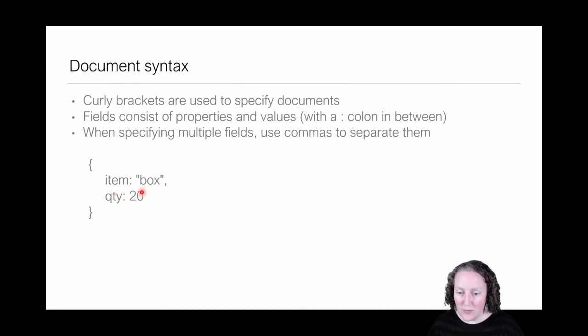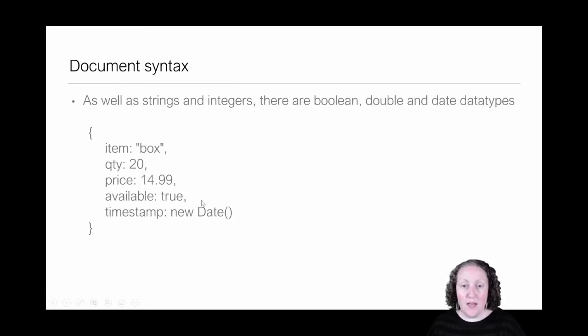This is the name of the property, item, and this one's named quantity, and then the values are box, which is a string in this case, and then the number 20 for this one. And these property value pairs are separated with a comma. Again, that might be familiar if you've used JSON in the past.